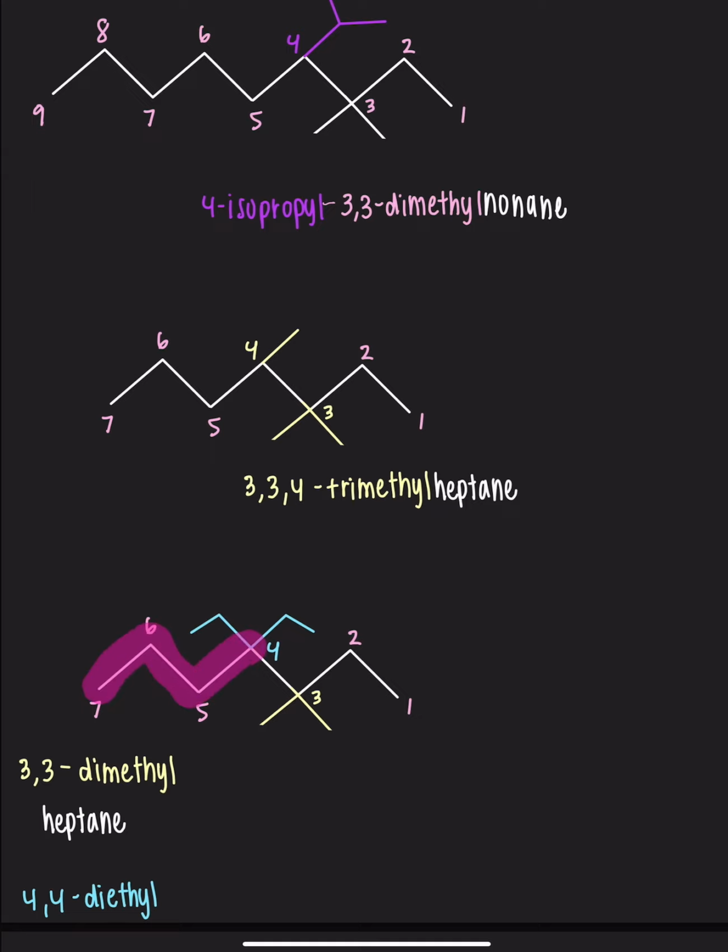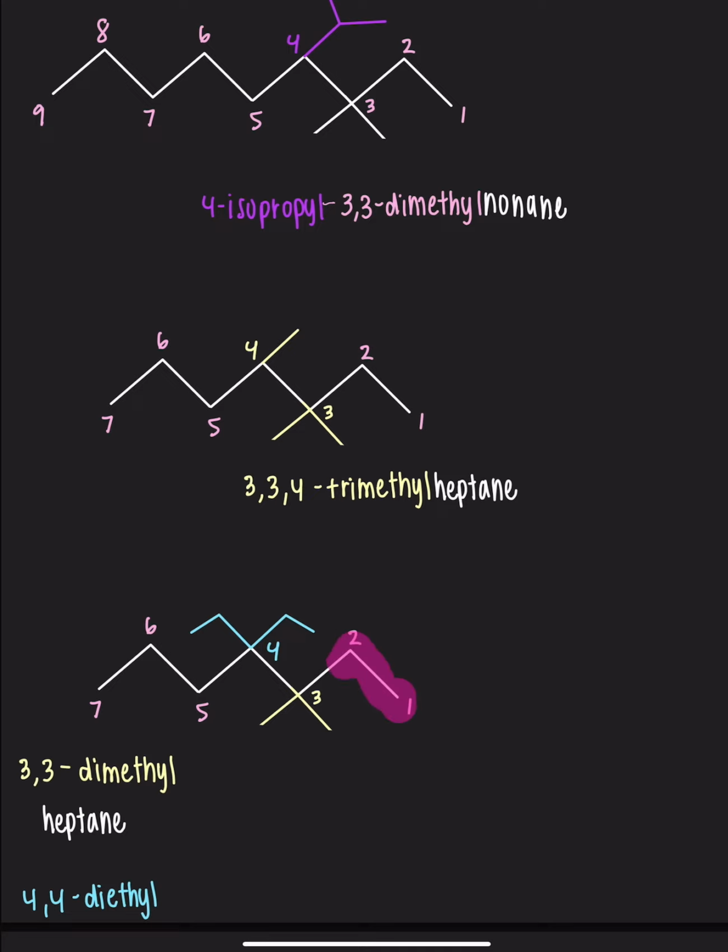But then where's the substituent? 1, 2, 3, 4. No. 1, 2, 3, 4, 5, 6, 7. Yes. And now that you see that, you're like, okay, well, my substituents are on 3 and on 4. 3 is the lowest possible, so that's why I'm using this side, okay?